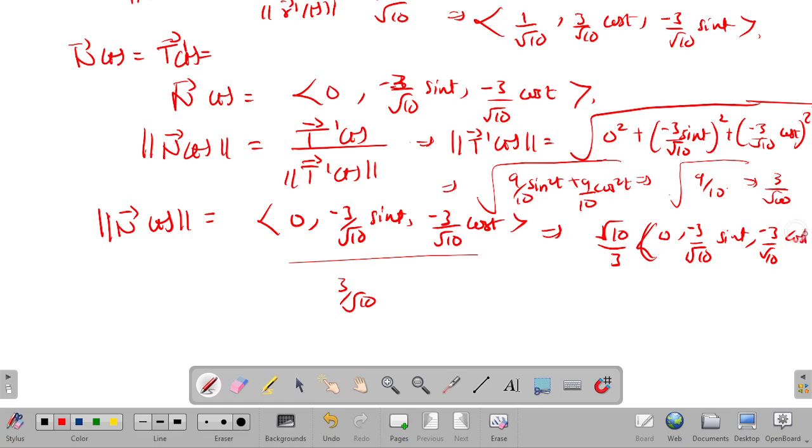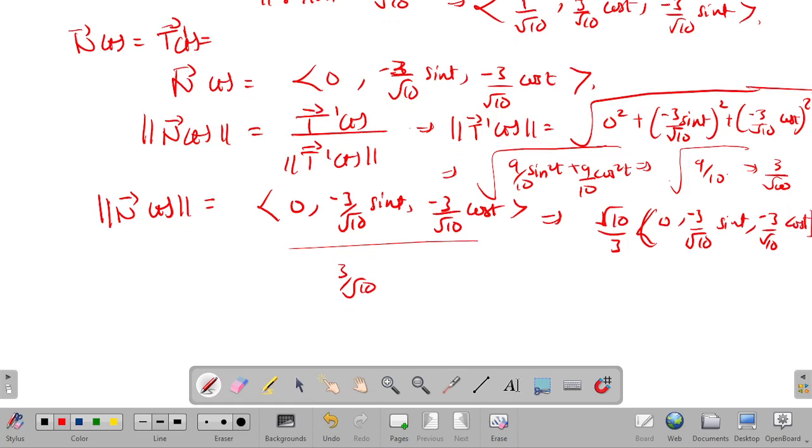Right. Good. So once you have this, you have to simplify it, and then you get the basic form. You can clearly see that there will be cancellation beautifully at this point. So our unit normal vector will simply be equal to, for the first one, 0. It will still be 0.